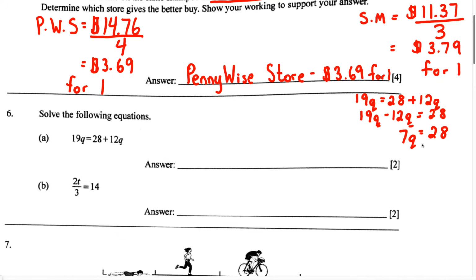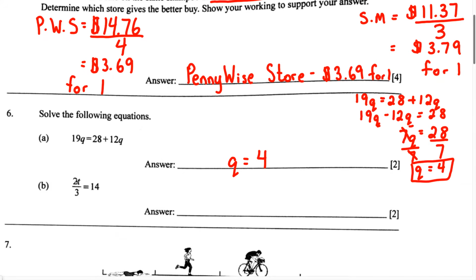So we're just going to divide. We can say 7Q divided by 7 and 28 divided by 7. This will cancel out with this. And when we put 28 divided by 7 in our calculators, Q is going to equal 4. This is our answer. Therefore, we're just going to write Q equals 4.